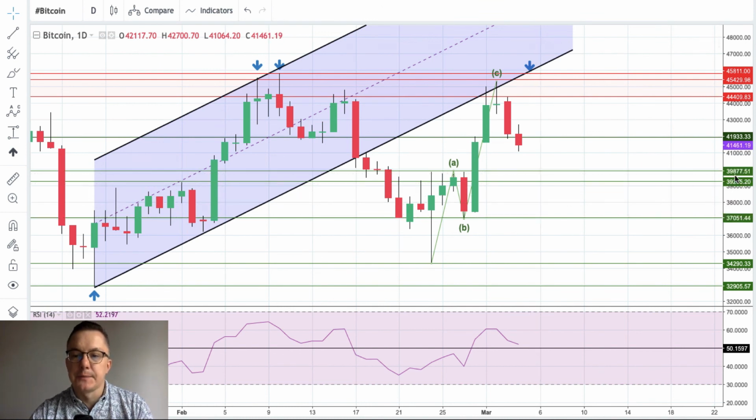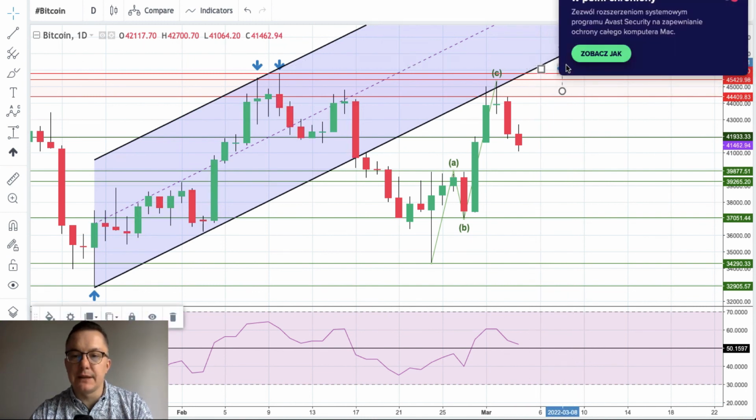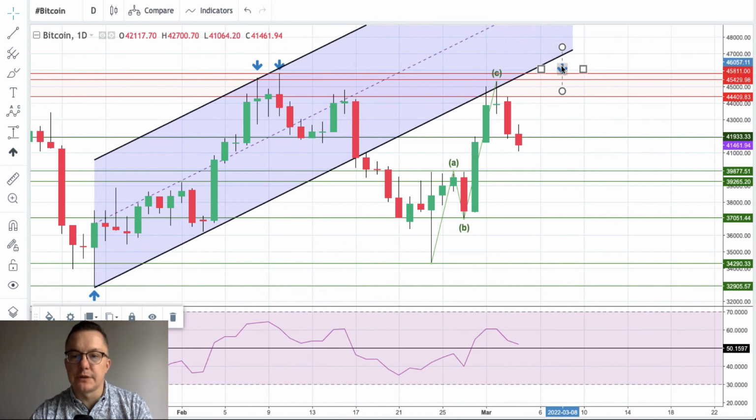If, however, 39,877 is not violated, then there is still a chance for another rally to the upside, wave, as we call it, wave 5.